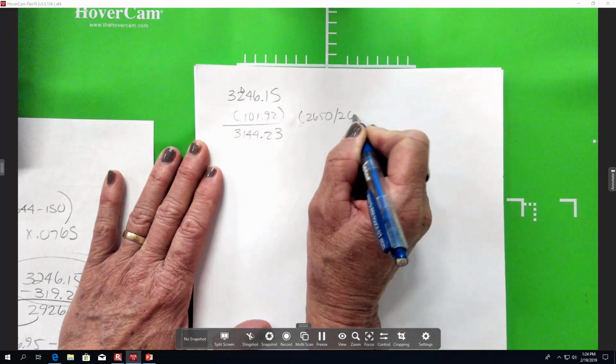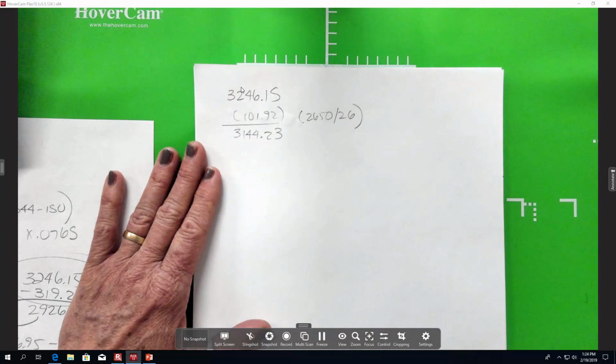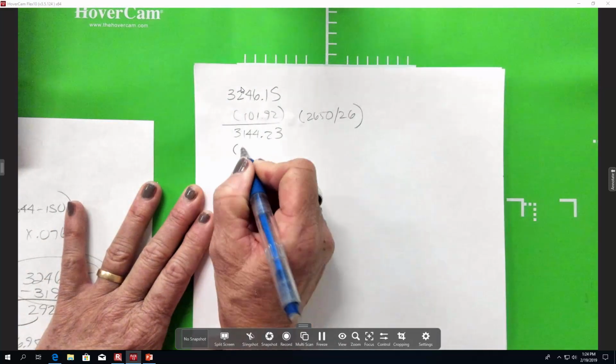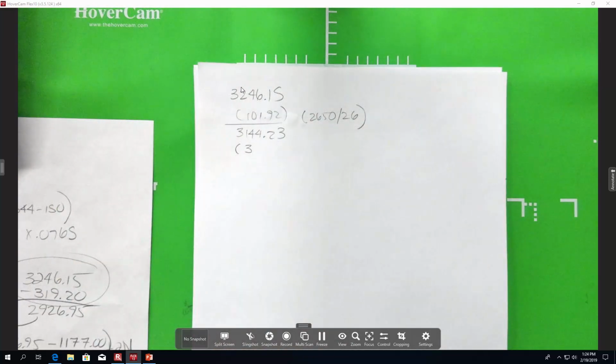You have to divide by the number of checks, right? She's paid 26 times. What number did you use for the flex? That's the one. 2650 was the one I think we saw on the slides.